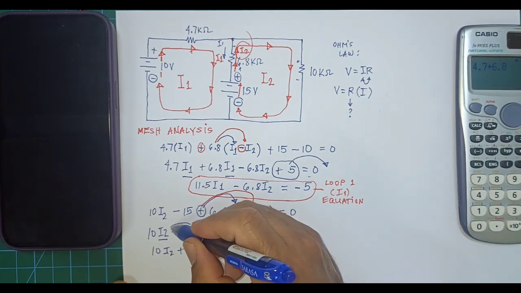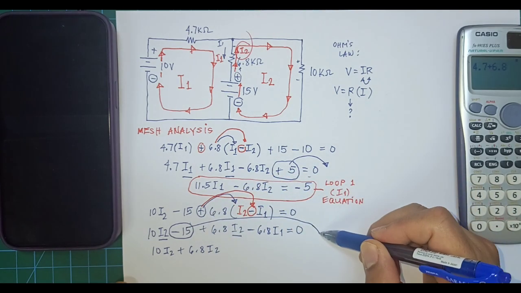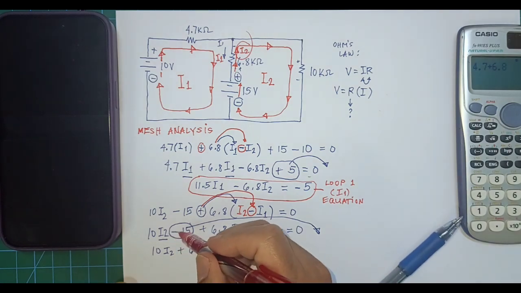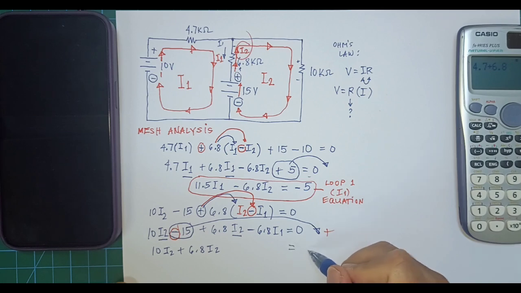Then this minus 15, we can move it to the other side of the equation. And when we do that, of course, the negative symbol over here will become positive, right? So let's put it there. It will become positive 15.